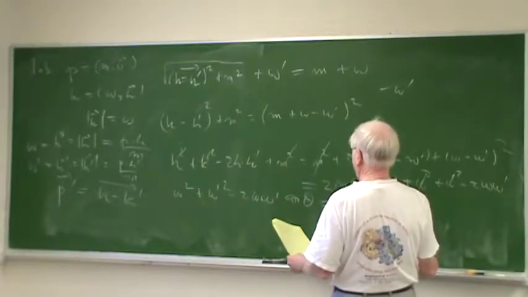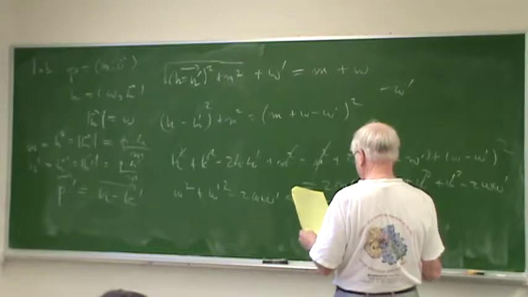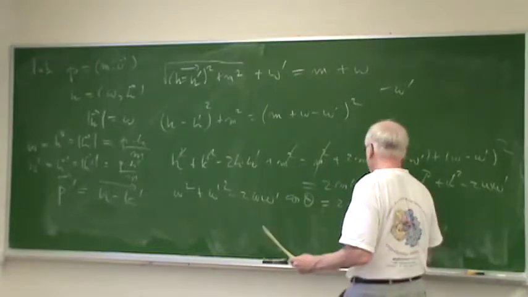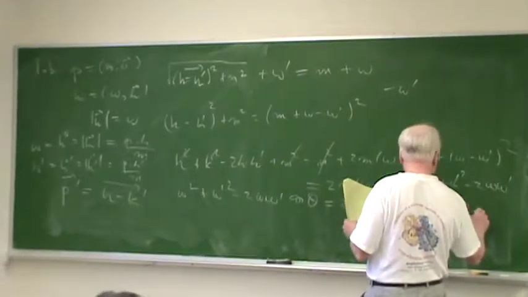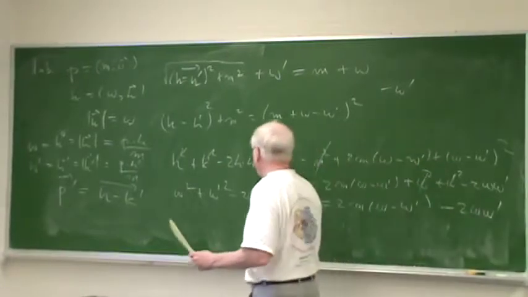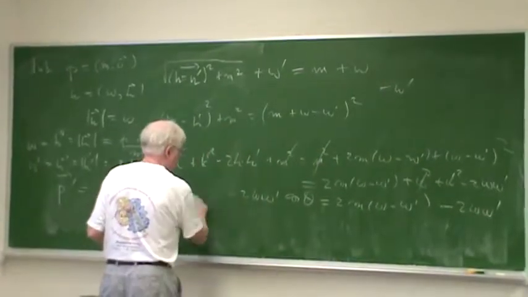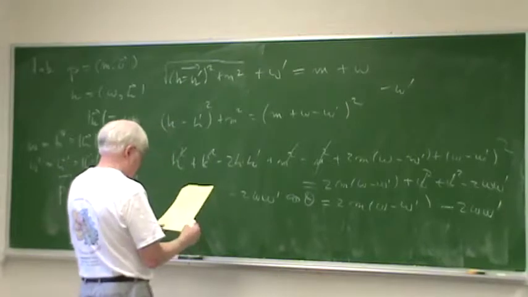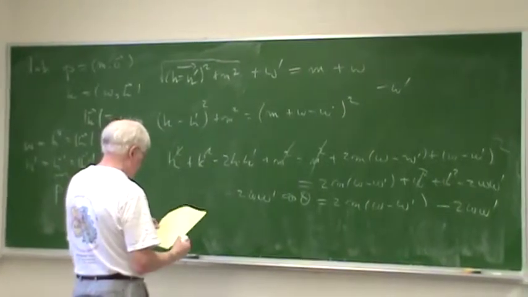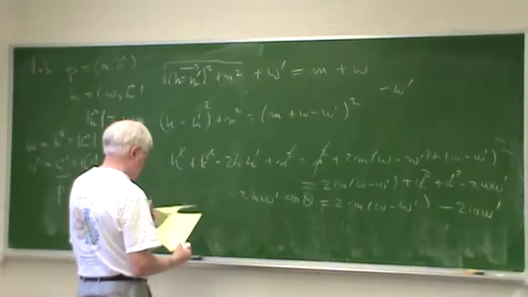I've got some extra stuff here, so let me just say minus 2 omega omega prime, and let's get rid of these because they canceled on the other side. Let me skip a little bit of this algebra.